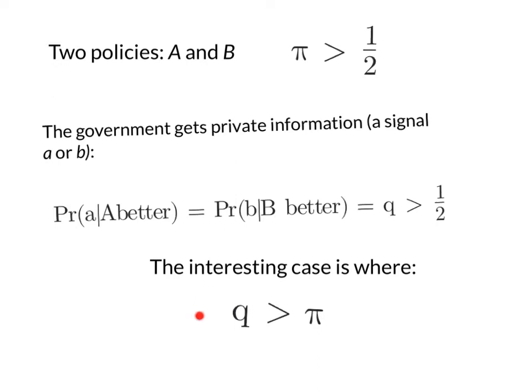And we need Q to be bigger than pi for the situation to be when the government gets little b as a signal, the government will want to change its mind and not do a hard lockdown, policy capital A, but a soft lockdown, capital B.